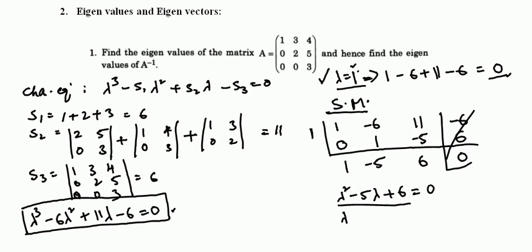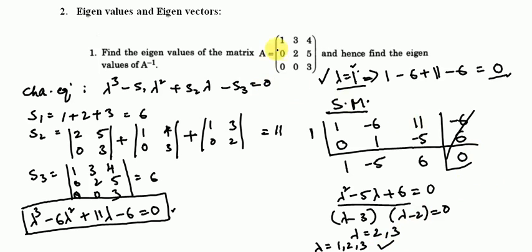You can write lambda minus 3 into lambda minus 2 equals 0, and the roots are lambda equals 2, 3. So the roots are lambda equals 1, 2, 3. These are the eigenvalues.